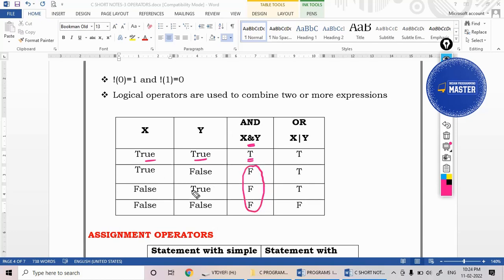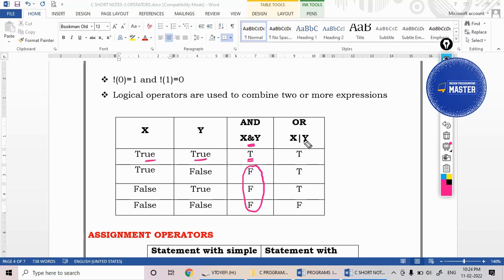True, false gives false; false, true gives false; false, false gives false only. To evaluate this entire logical AND expression, all the operands or expressions must be true. They should return true, then only the final result is true.